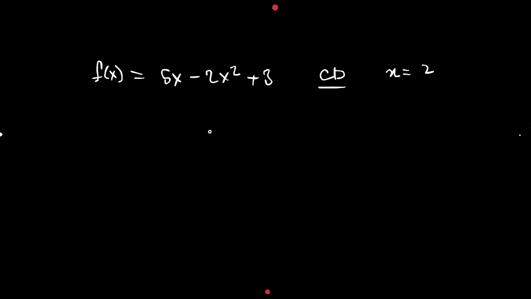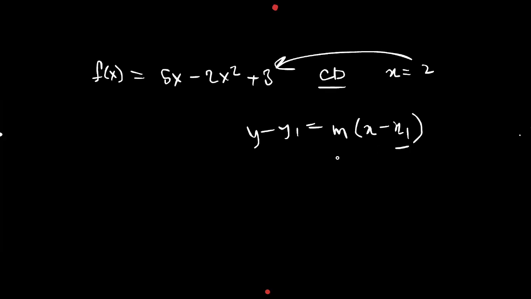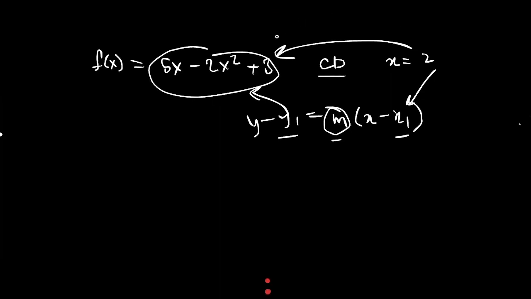Or rather, we figure out what the y value is by plugging in, if you want to find the tangent line's equation, m times x minus x1. We would have to do a little more work to find these points here. We're given the x, but in order to get this y, we would have to plug this x into our original equation. In order to get this m, we would have to take the derivative of this and plug in our x value.